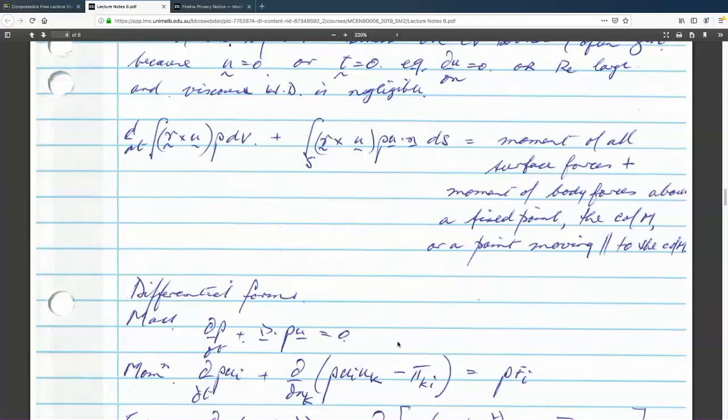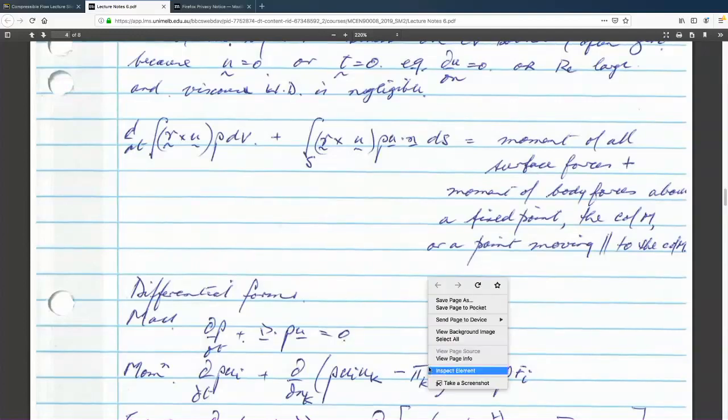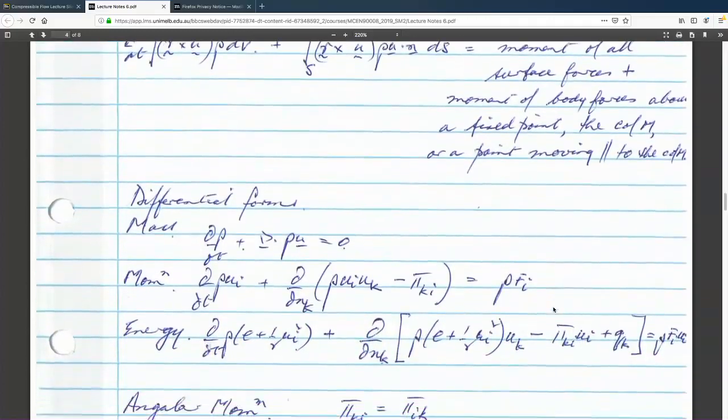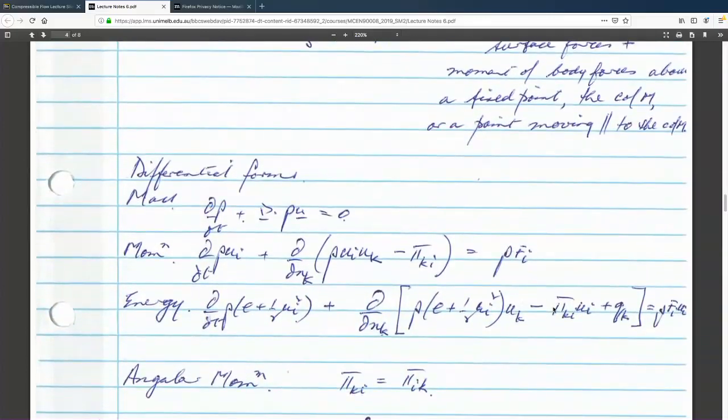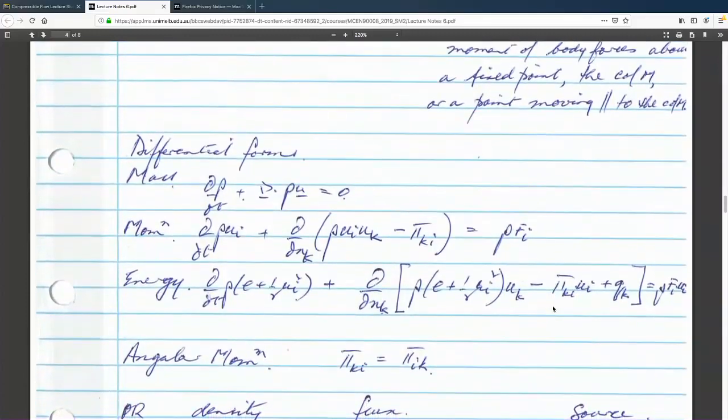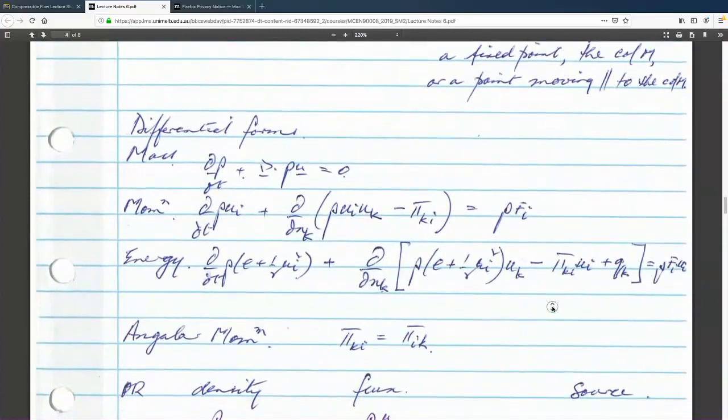And therefore the integral form wouldn't hold. And so that means that the differential form must hold, unless I can't take derivatives, unless the functions are not continuous. So the differential forms of those equations are all of the same.